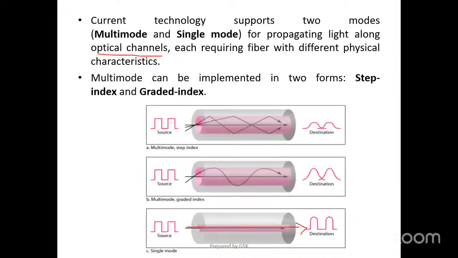And coming to the multi-mode, see now, step index. This is like steps, one step, second step, third step, and so on. And here we have multiple transmission routes. And this is graded index, not just like a step, it is just like a wave. The mode is different.